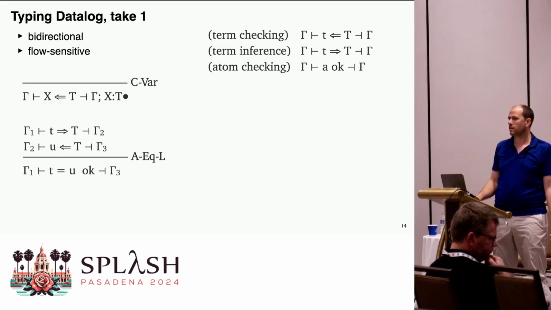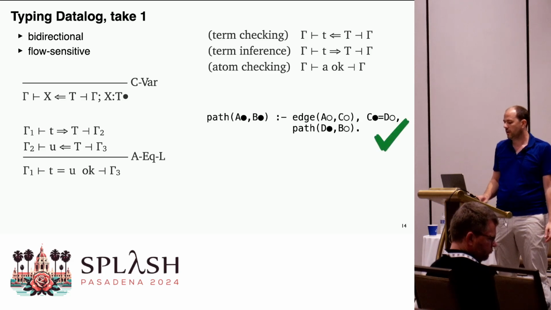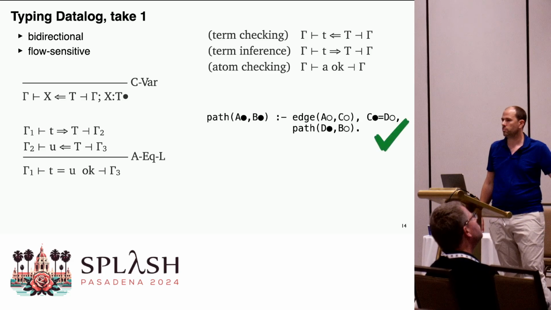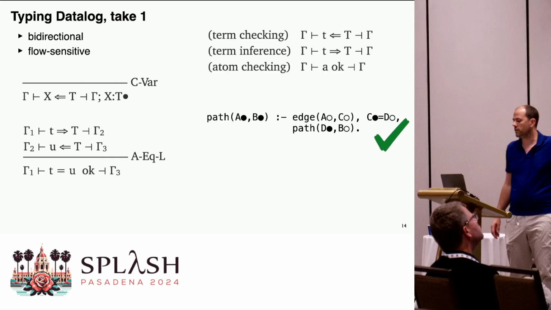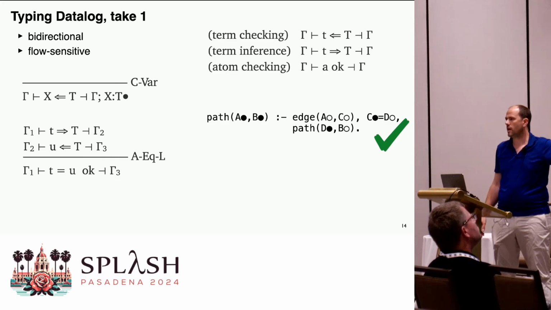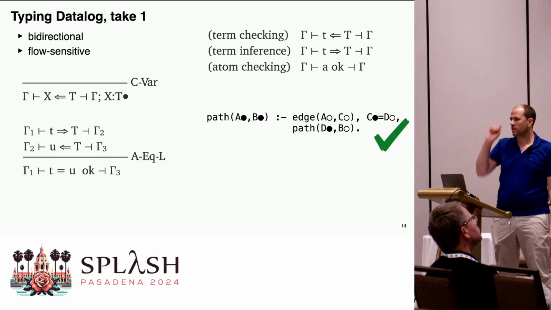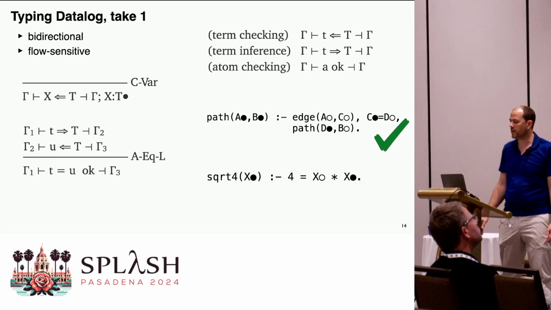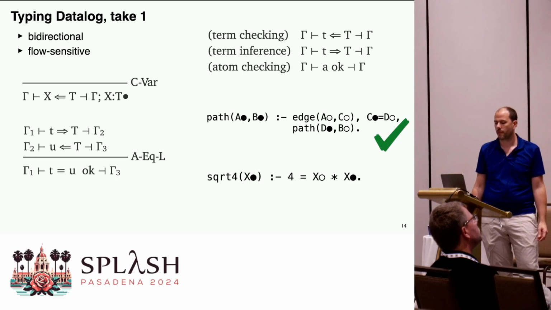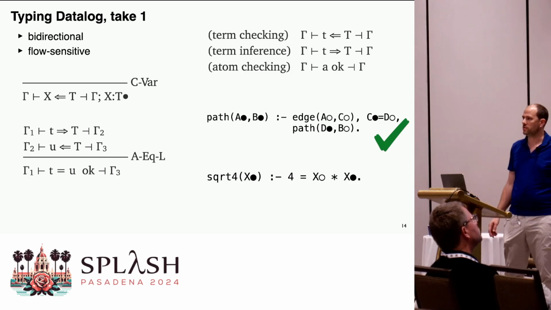OK? So that looks kind of promising. And indeed, for the examples I showed before, this works out fine. You can use these rules to actually show that A and B will be bound at the end of this rule. But they don't work for the counterexamples I showed. So let's go back to the square root 4 rule, where we had x as operands.